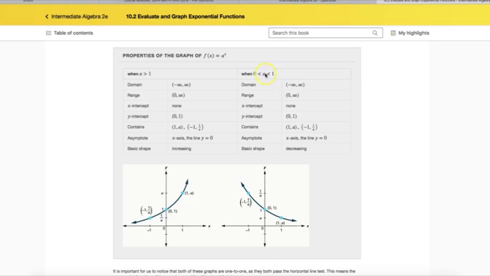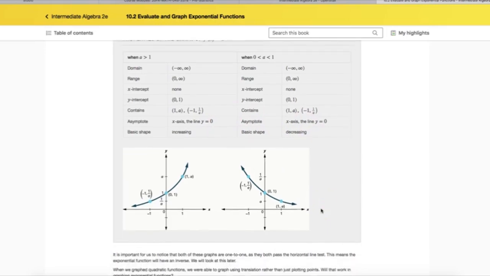So when our base is a positive number that's less than 1, we get this other shape. It's still concave, but now it's approaching infinity on the left side. It's getting really big on the left and approaching the x-axis, approaching 0 on the right side. So again, we still have an asymptote. It's actually the exact same asymptote as before. We're just approaching it in a different way.